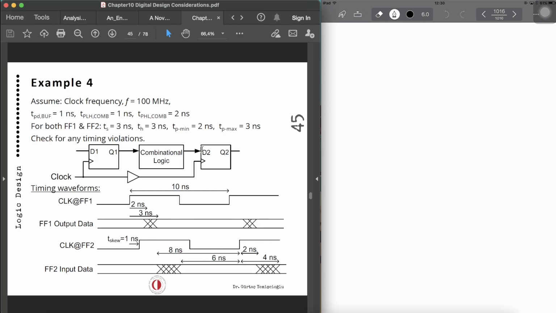Then we have 3 nanosecond setup time and 3 nanosecond hold time. Okay, so you can easily find these out as 2 and 4 nanoseconds and 8 and 6 nanoseconds for the propagation delays, minimum and maximum. Okay, so let's do the calculations. Setup slack.